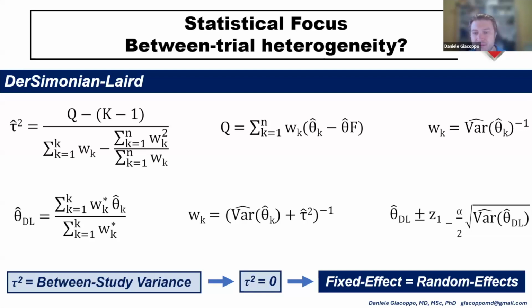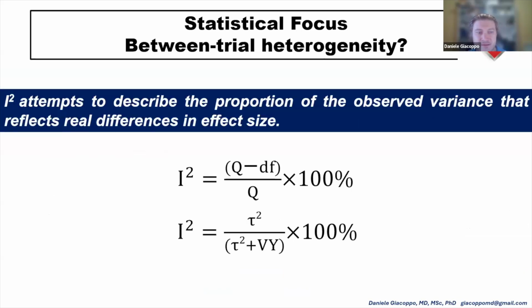This is the component that produces the difference between the two models. Related to the tau square and the Q-test of heterogeneity is the I-square, which is the common statistic to describe heterogeneity in meta-analysis, developed by Higgins.